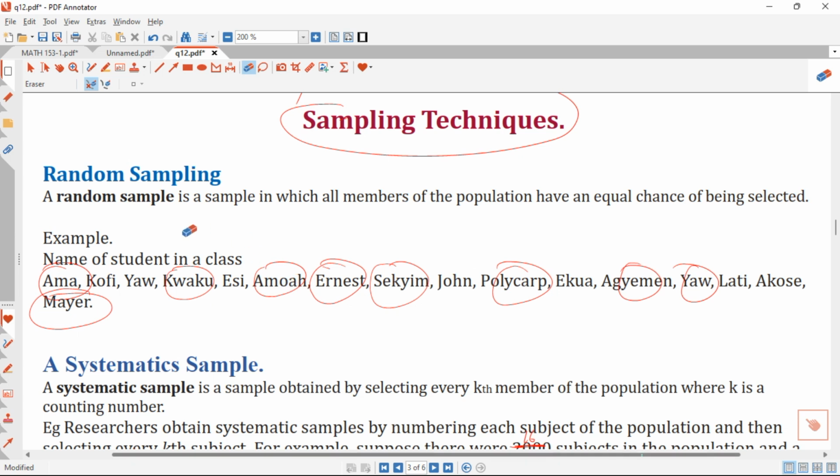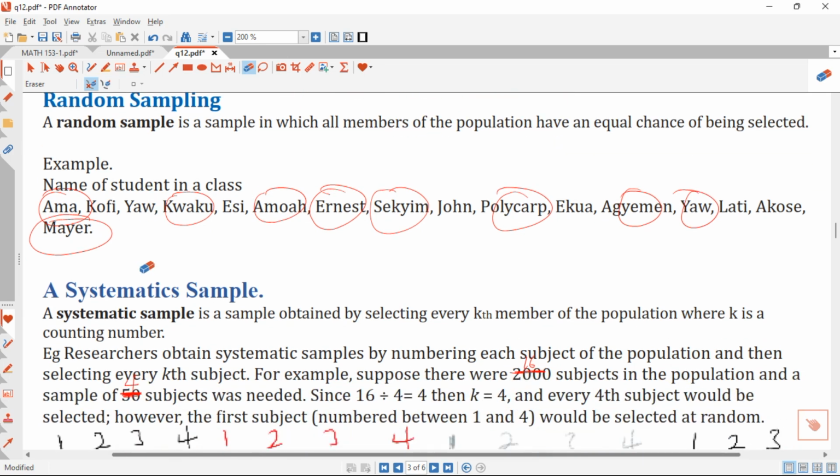It just selects individuals at random, and it's one of the best sampling methods we usually use in conducting research. So here the population is 16, and we have a sample of 9. This is the explanation I can give you on random sampling.